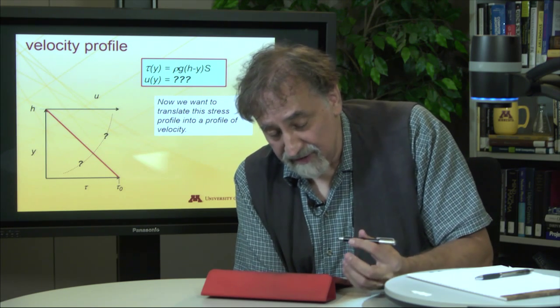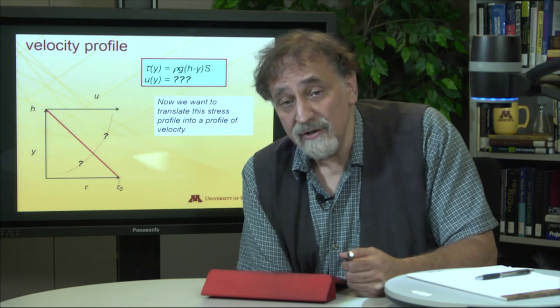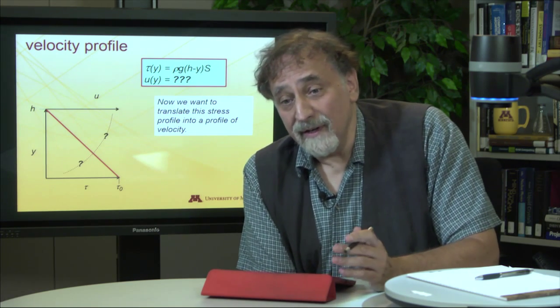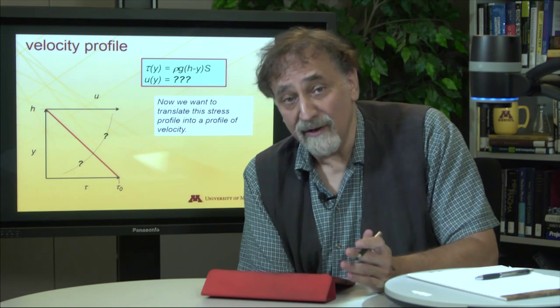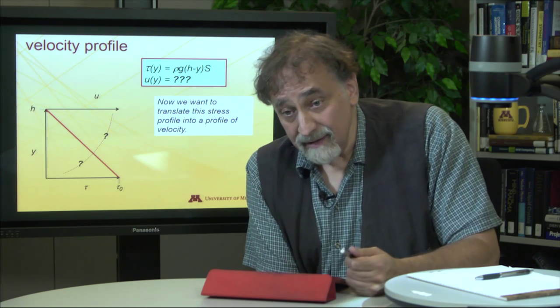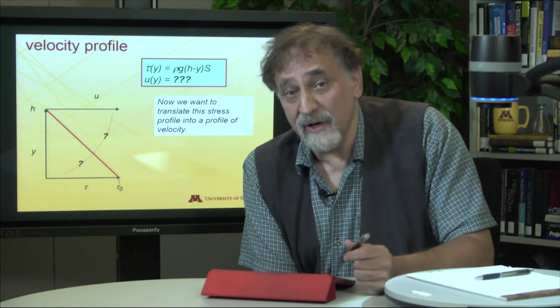And the question is, what do we know about the relation between velocity and shear stress that might help us to do that? Now, again, let me reiterate, so far everything that we've done applies to any material as long as it's in steady motion under gravity on an inclined plane. But to actually get from shear stress to velocity, so we got a shear stress profile that's vanilla, generic, applies to all kinds of complicated materials.